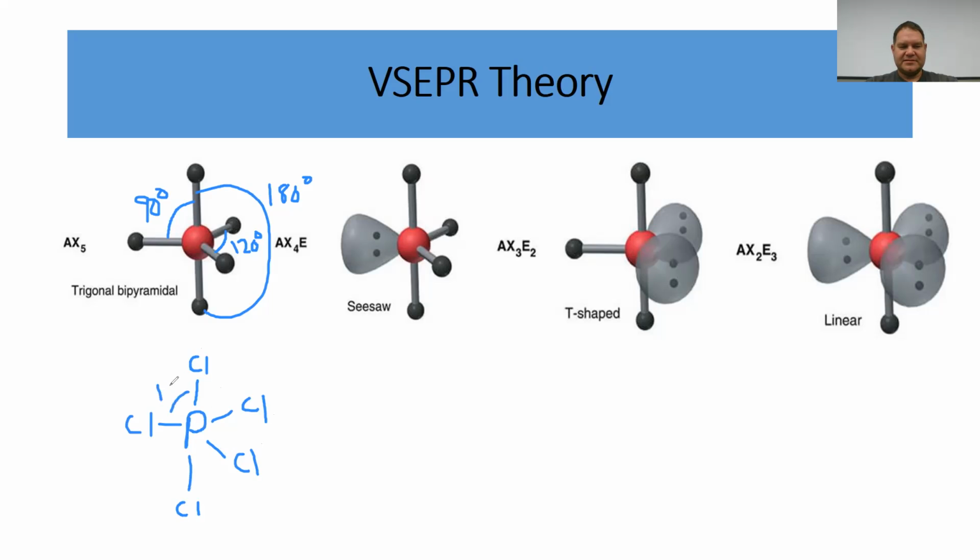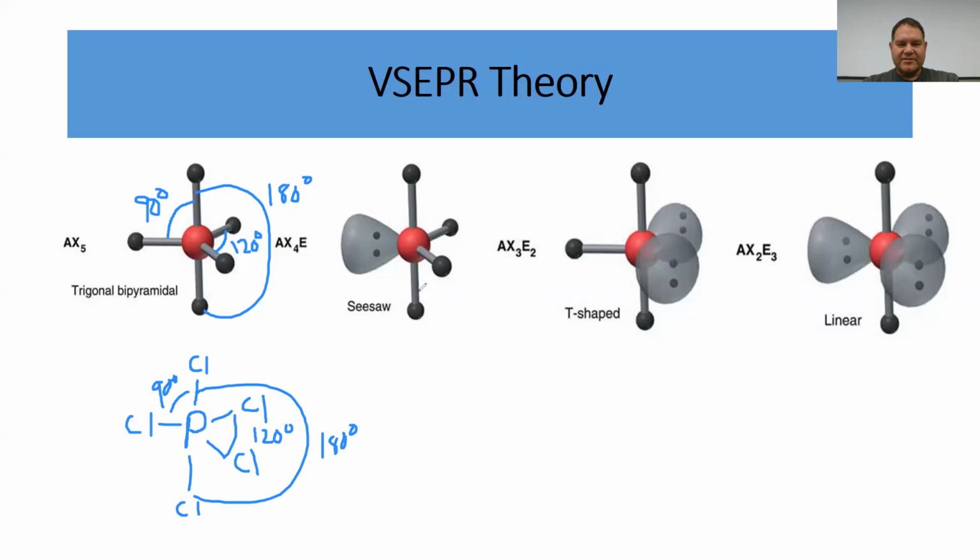This one is 100. Oh, sorry, my bad. All right, this is 90 degrees, sorry. It's a 90-degree angle. This right here is the 120-degree angle. And then finally, we have from here to there, right, is a 180-degree angle, okay? So there's your trigonal bipyramidal.